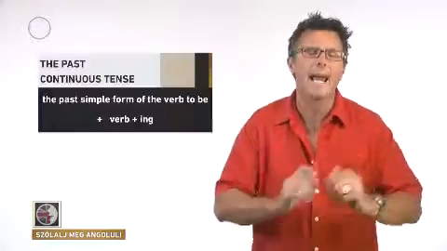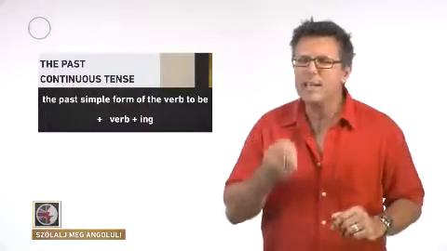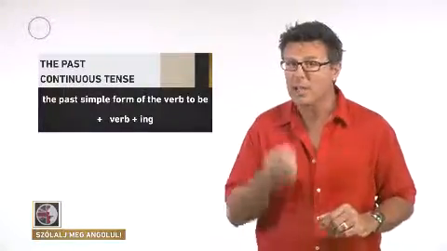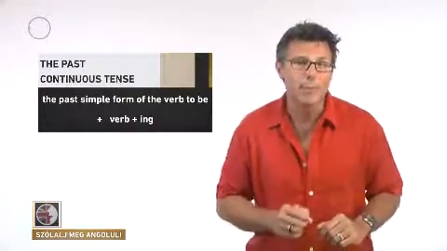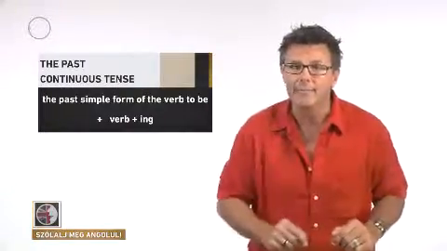Okay, so we all remember that it's a very simple task to make the past continuous, don't we? Do you all remember how we make the past continuous? Yes, that's right. We make the past continuous using the past simple form of the verb to be and then adding a verb with an ing ending. Okay, so who remembers the past simple form of the verb to be?